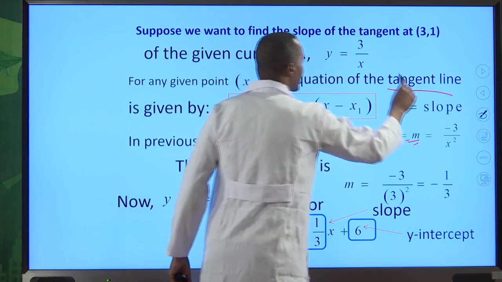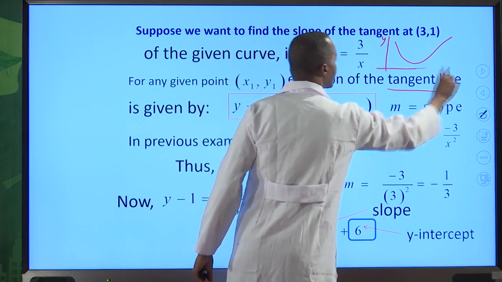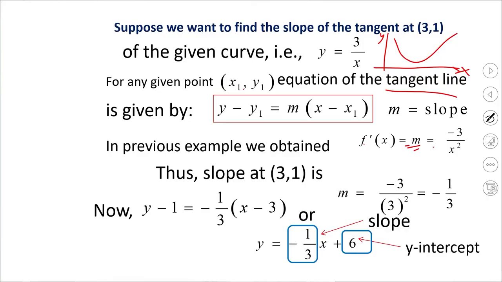If you are given a certain curve, this is the y-axis, this is the x-axis, and a certain point there, what would be the slope of that tangent line? This is a tangent line to that curve at a specific point P.